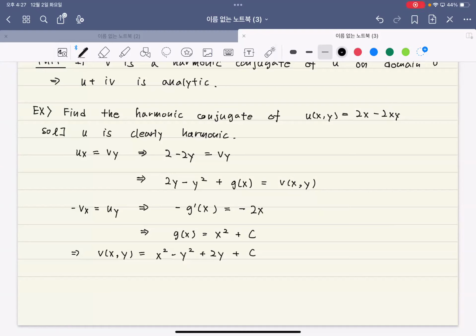I have to always specify the domain. Therefore, I really want to find a nice sufficient condition for a harmonic function to have a harmonic conjugate.